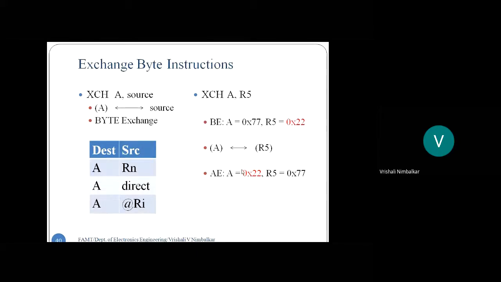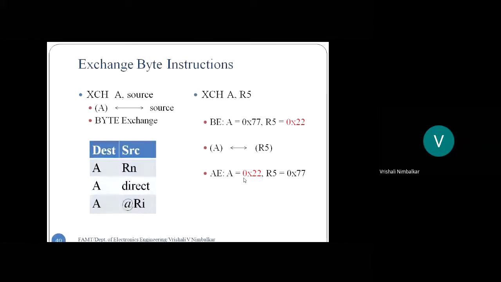Okay, so both the source as well as the accumulator are changing. Up till now, in all data transfers, only the destination was getting changed. Now here the source is changed as well as the accumulator, which is the destination, which also changes. Okay, exchange instruction. So this is an 8-bit exchange.